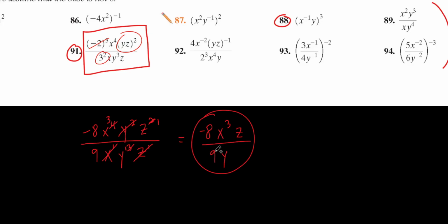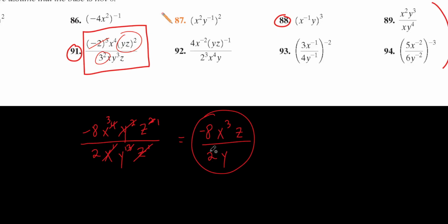But what if something went into this? Watch this. Everybody look at this. What if, now it's not on this problem, but what if this was a 2? Could you leave your answer like that? No. Why not? Yeah, you got to simplify. Watch, 2 goes into 8, doesn't it?